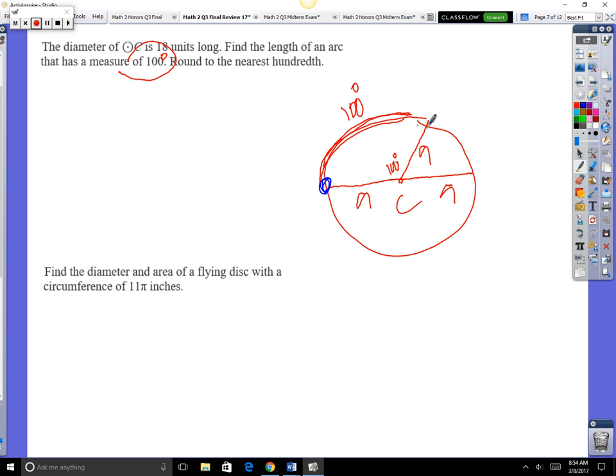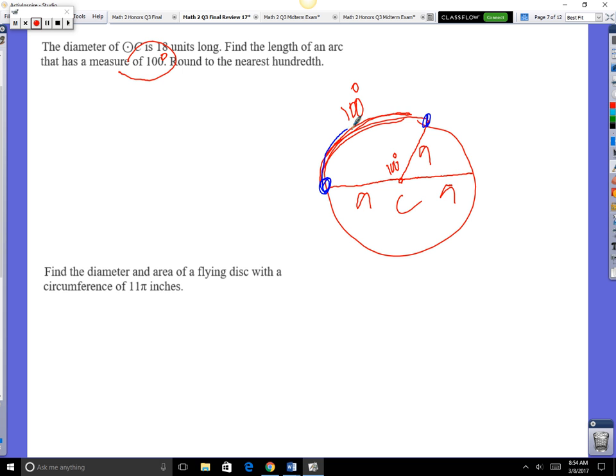If you're walking from here to here, you walk 100 degrees, you rotate, but length is distance. So here's what we need. We need the circumference. Circumference of the entire circle is if you start here and you walk around the whole circle. So circumference depends on how big your circle is. So this circle is 18 tall.